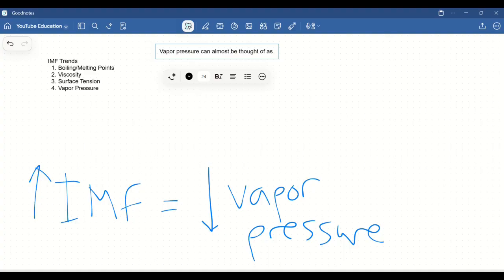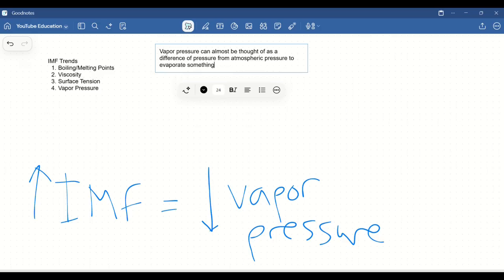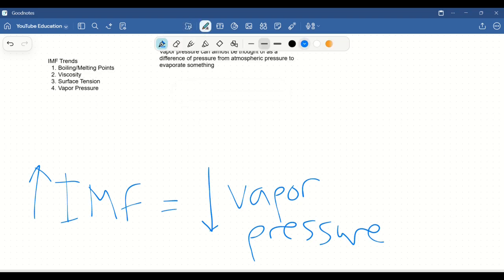And here is what I'm trying to get at. For example, let's say you spill some water on a table. So you have a table, two tables.